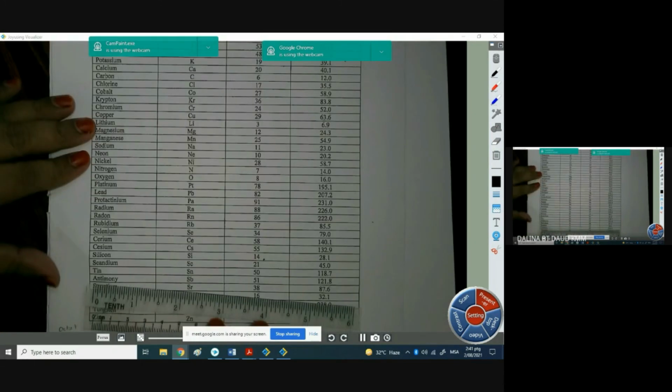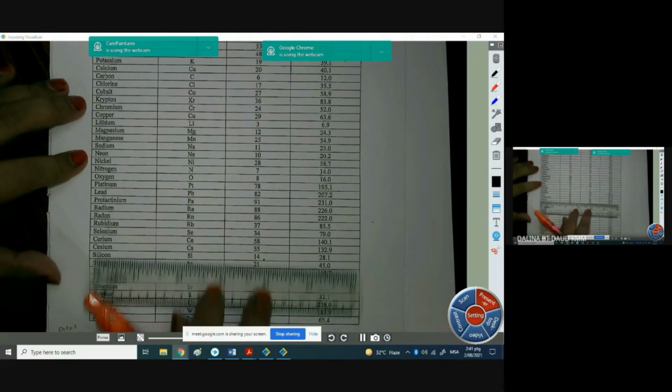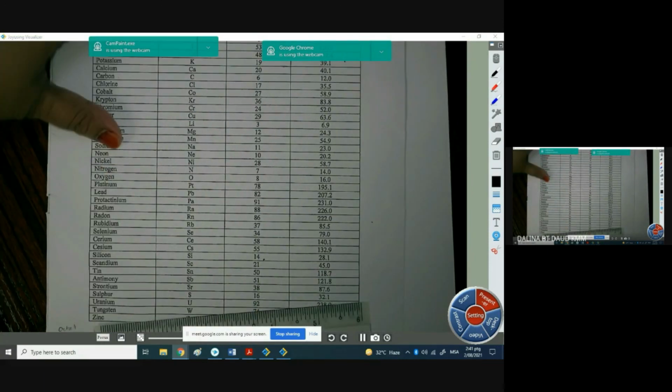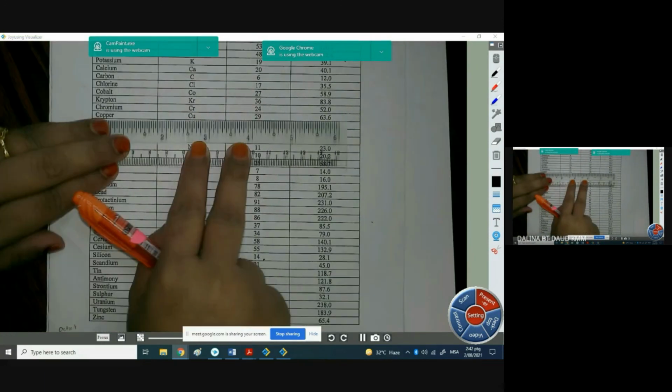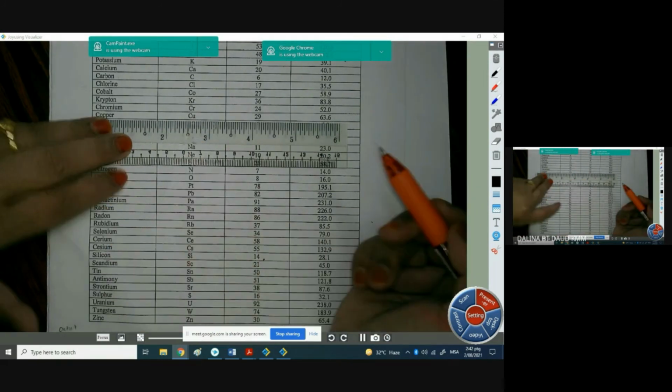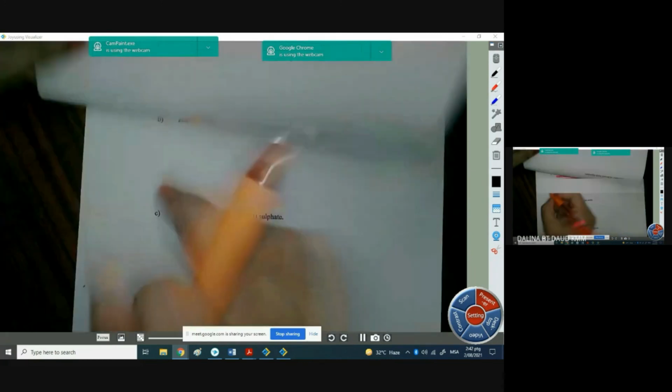Okay, so we have copper. Where is copper? Okay, here. Copper molar mass is 63.9, plus sulfur.